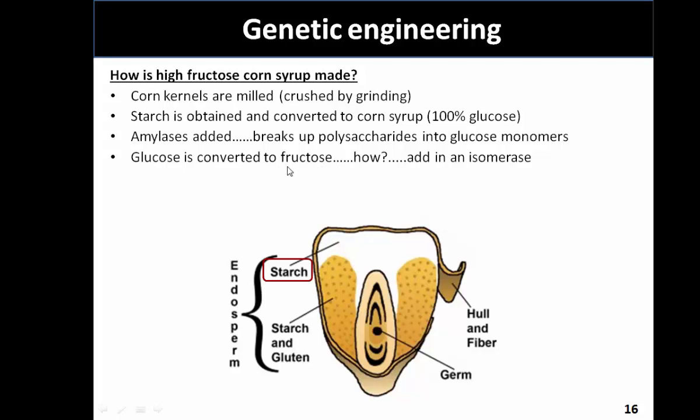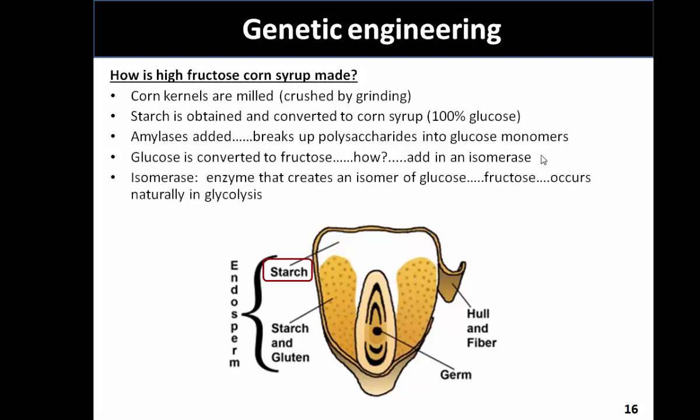That monosaccharide is fructose, and it's the fructose that provides that sweet taste to sugars. The isomerase, as mentioned, is an enzyme that creates an isomer, which is a different form of glucose. It retains the same number of atoms.